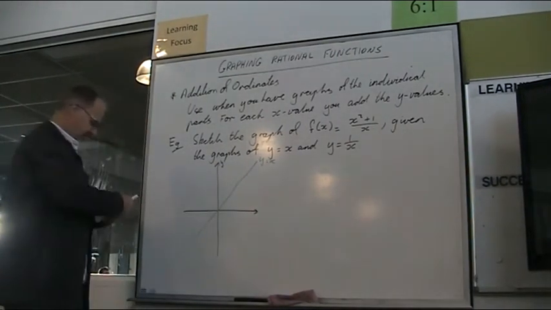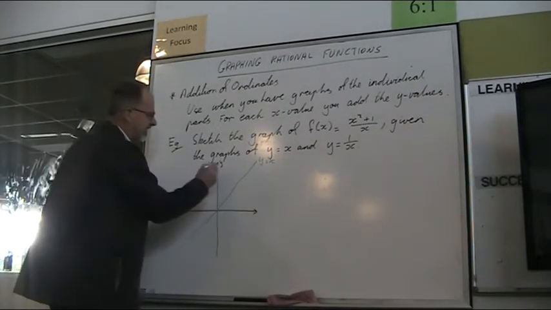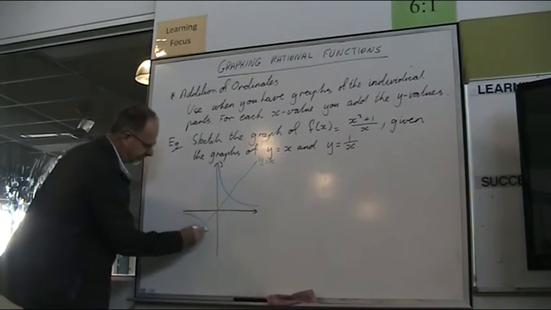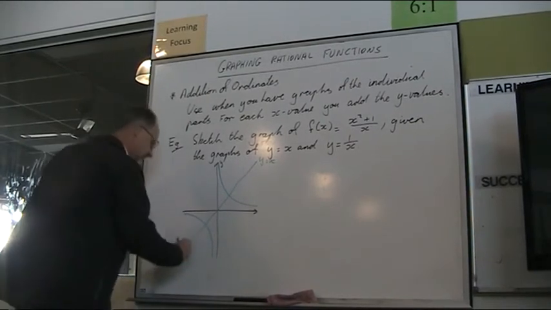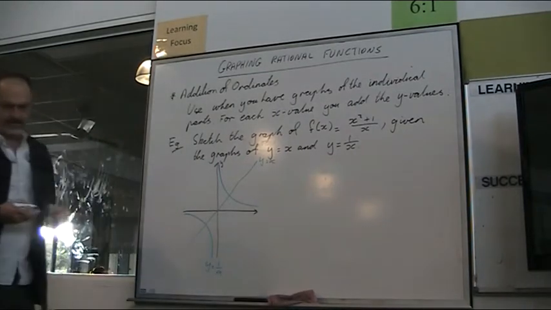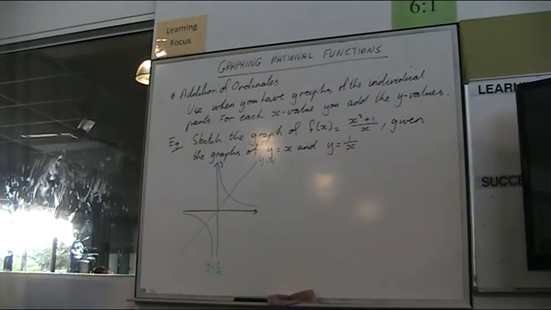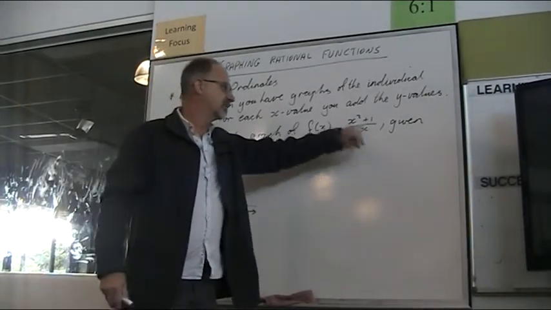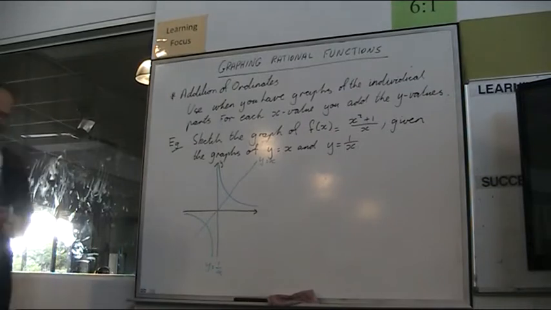And 1 on x looks like this. And then we've got to draw x squared plus 1 over x given these two things.